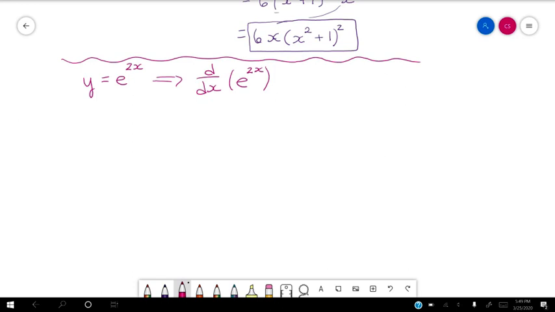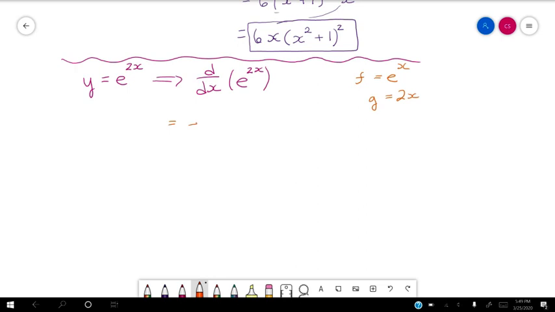Okay, so again, we have our outside function and we have our inside function. And the chain rule tells us that we can take the derivative of the outside function first. Well, what is the derivative of the outside function? It's just e to the x, right?